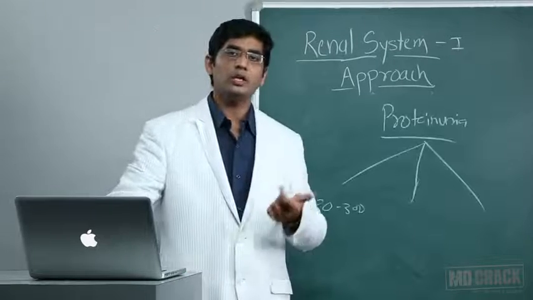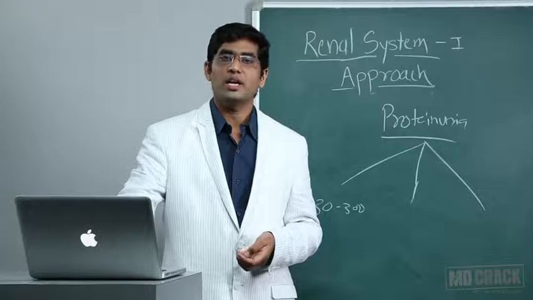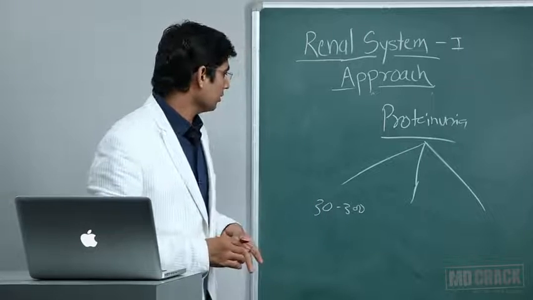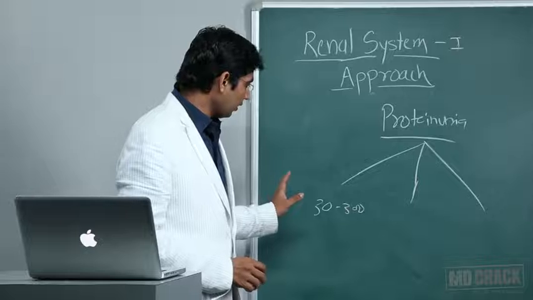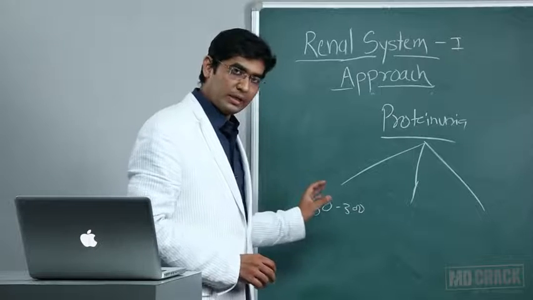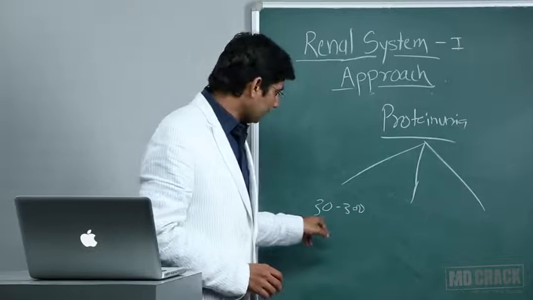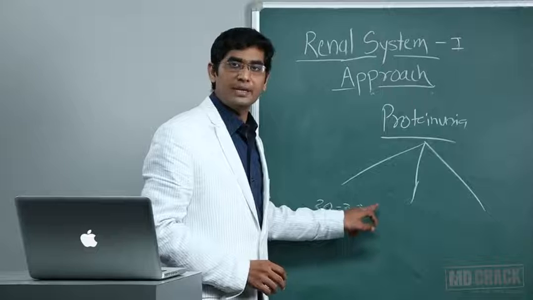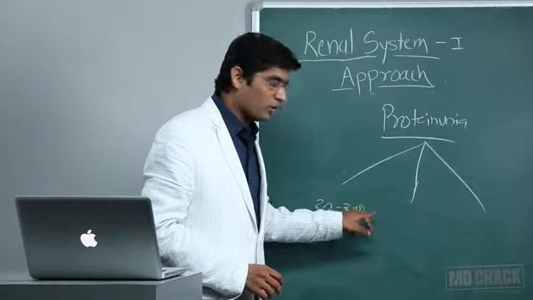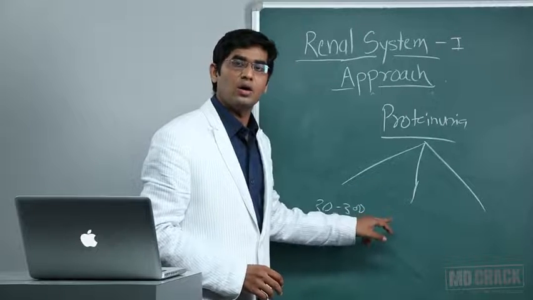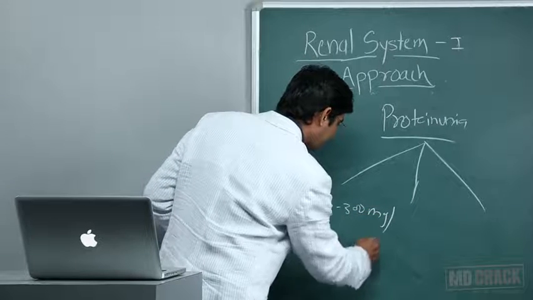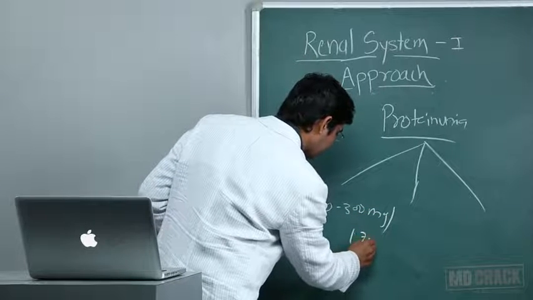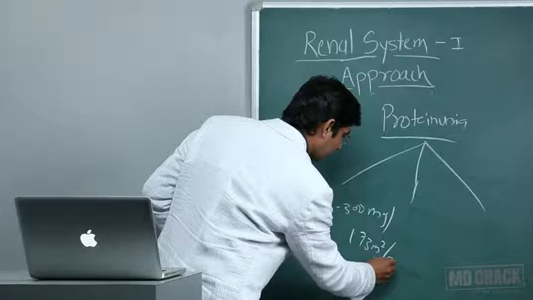So we can see what are the figures. By doing 24-hour protein examination, we can label it as microalbuminuria when the protein or albumin in the urine is between 30 to 300 milligram per 1.73 meter square per 24 hours.